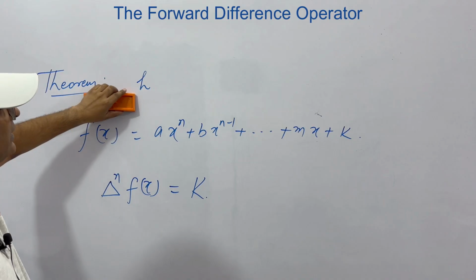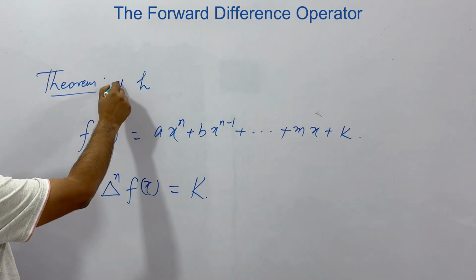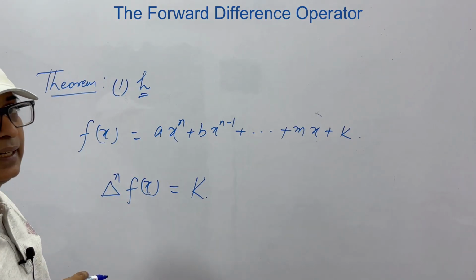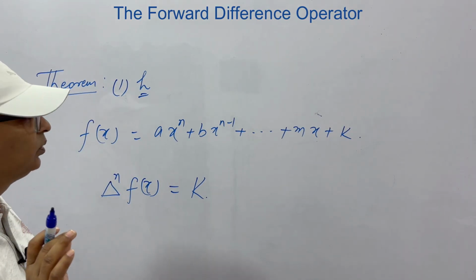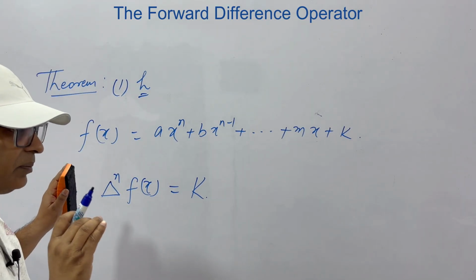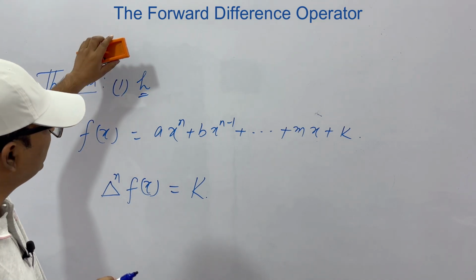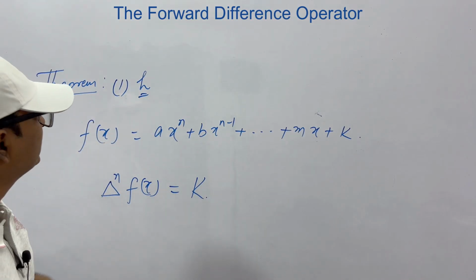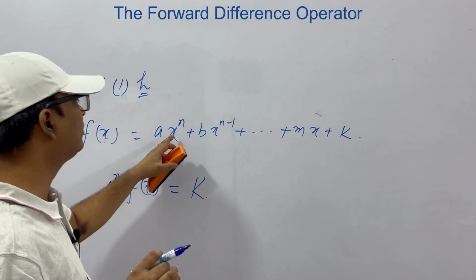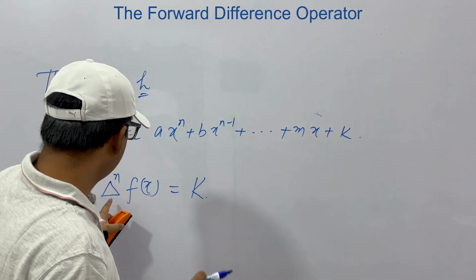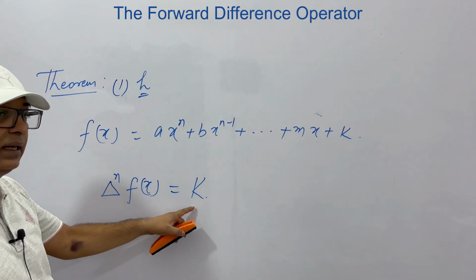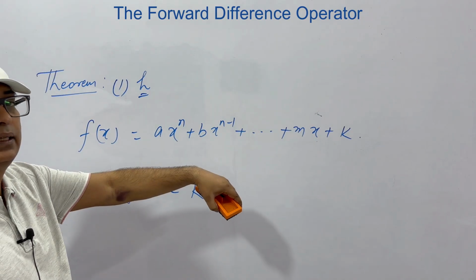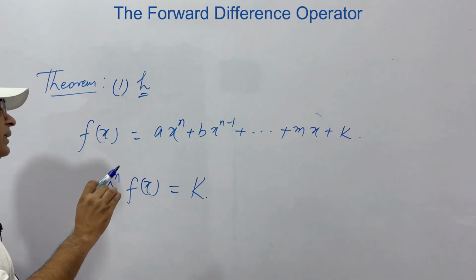Again I am explaining. For equally spaced intervals, this is the first condition. Not a+h, a+5h, a+7h, no. It must be a+h, a+2h, a+3h. If we have a function with equally spaced differences, then for a polynomial of nth degree, the nth difference will be a constant, and so all the differences above the nth column will be 0.